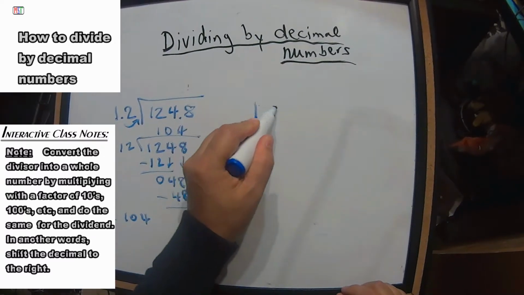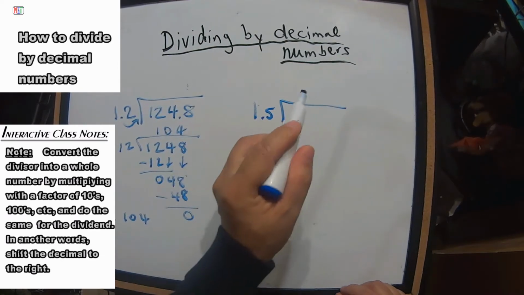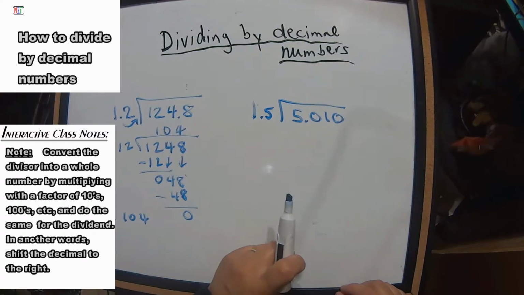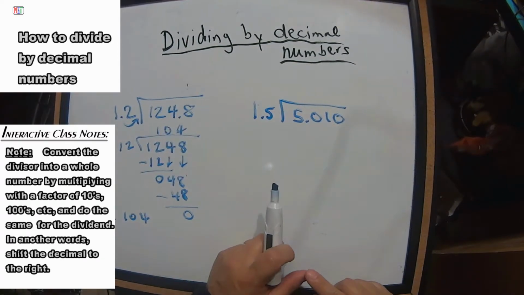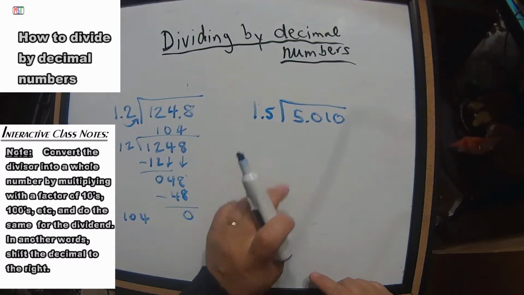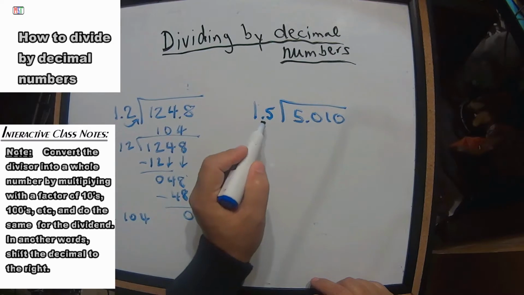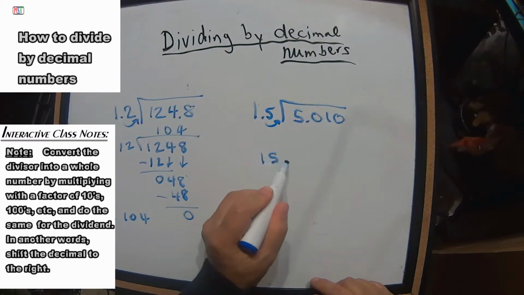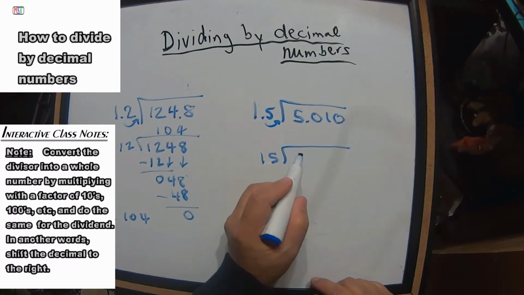Alright, last question. Let's try this one. 1.5 divided into 5.010. Okay, we have now a small number inside there that we want to divide into. So again, same concept. What we want to do is convert this to a whole number. Multiply everything by 10 basically. So shift the decimal to the right. That's 15. Multiply this also by 10.